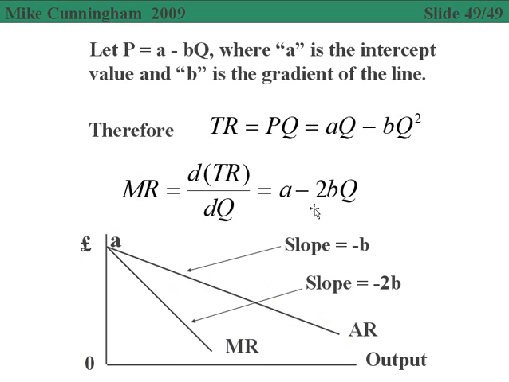The slope of the marginal revenue curve is minus 2B, while the slope of the average revenue is minus B. So whenever the average revenue is a straight line, the marginal revenue will start at the same intercept, the same value A up here, but it'll have twice the slope, twice the gradient.